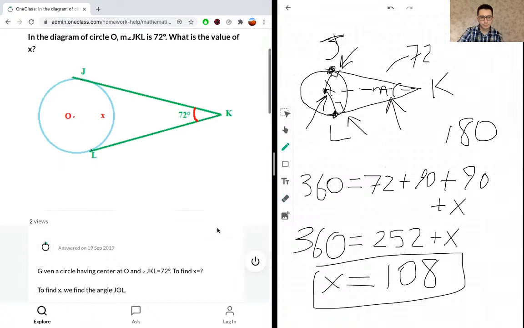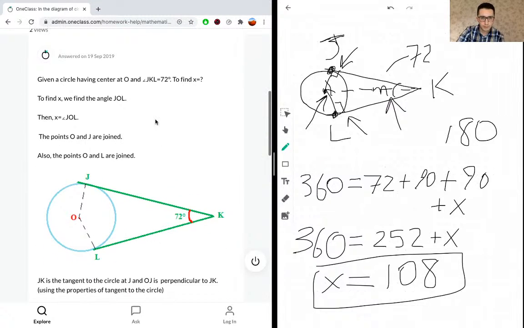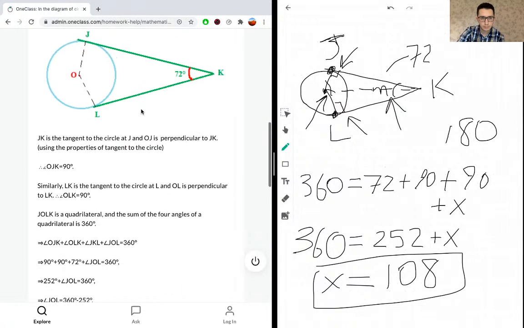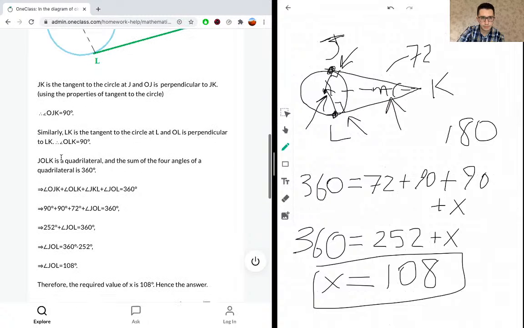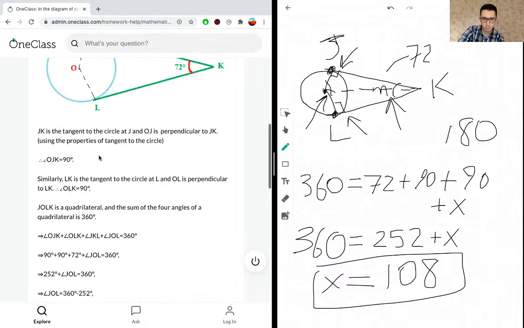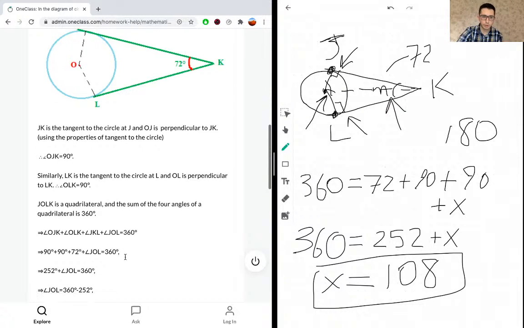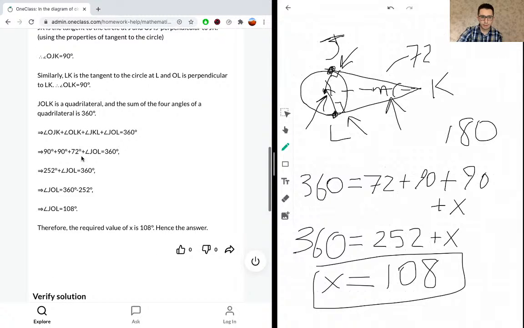Okay. So they follow, yeah, they define the same parameters here, and they say for the quadrilateral, the total angle should be 360, so similar to us, and then they evaluate for the angle JOL, which is just angle X as defined in the diagram above.